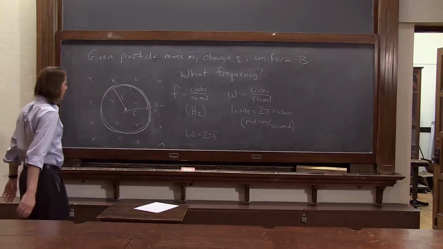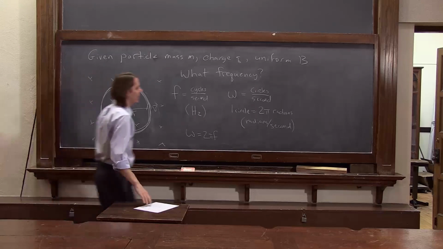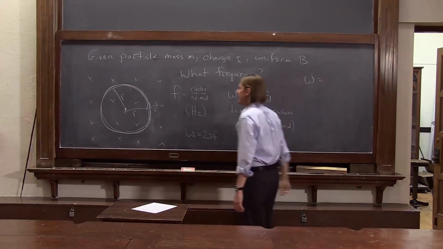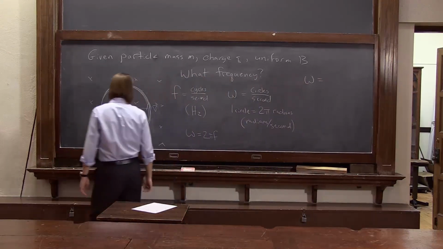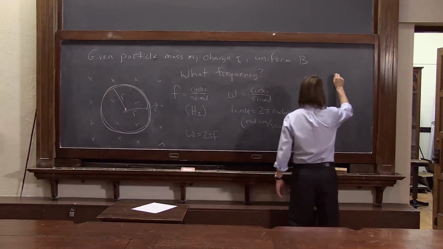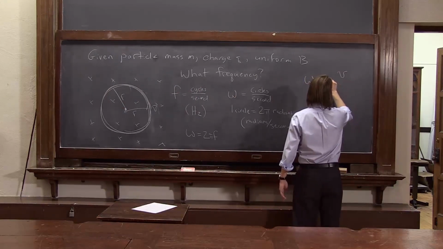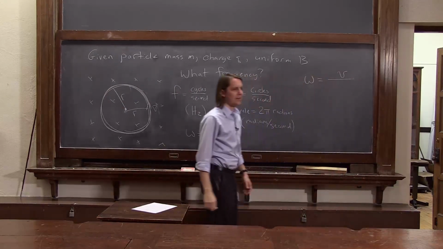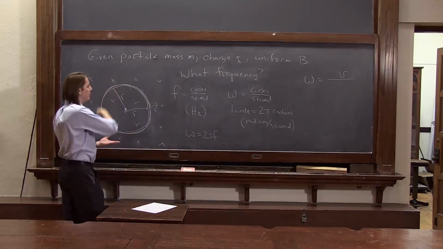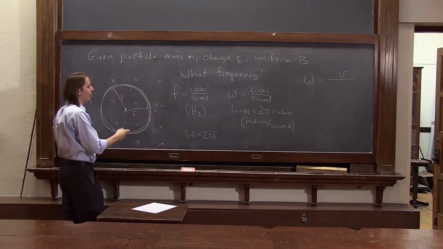Let's ask ourselves then, what is omega here? How do we get omega? We know it's going to depend on how fast it's going, some speed v. And how many circles per second is that? You take the speed, how many meters per second it is, say 10 meters per second, and divide by the circumference.